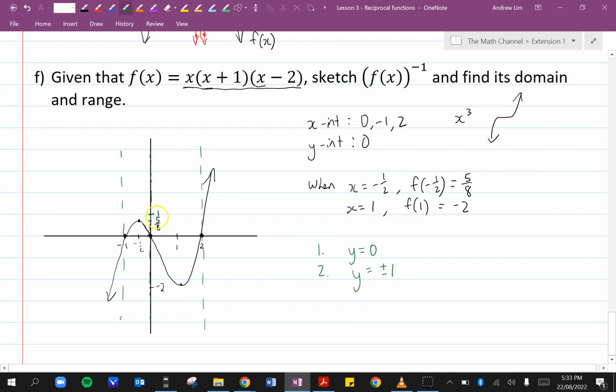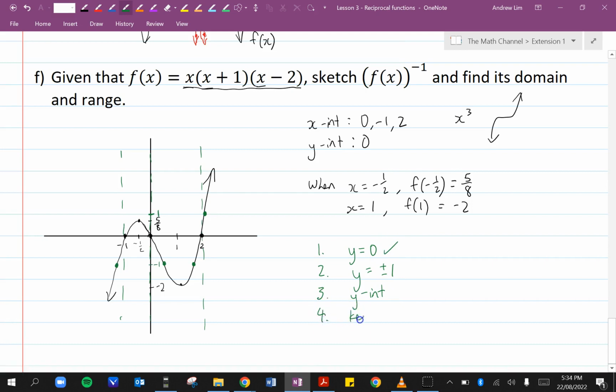That means it will only go through this bit on the graph. And minus 1, we'll just say that this is minus 1 here. It means it'll go through here, here, and here. Third thing, y-intercept. Well, the y-intercept is at 0, so we've already dealt with it.